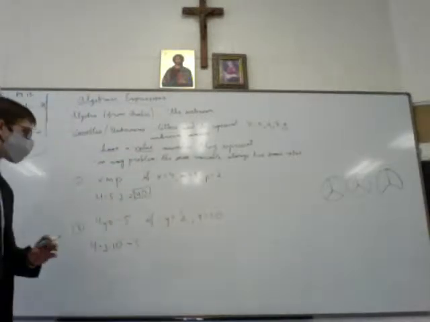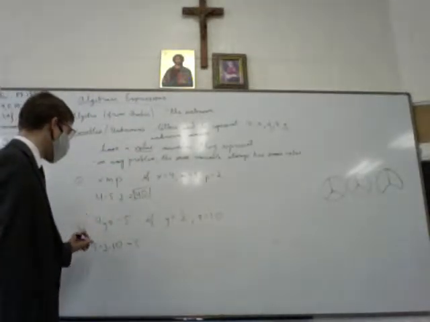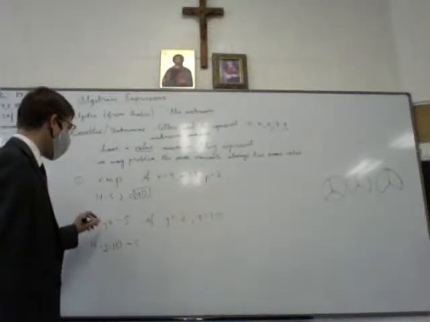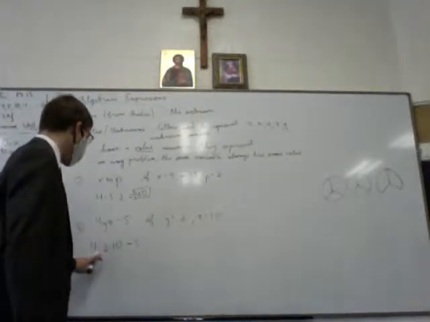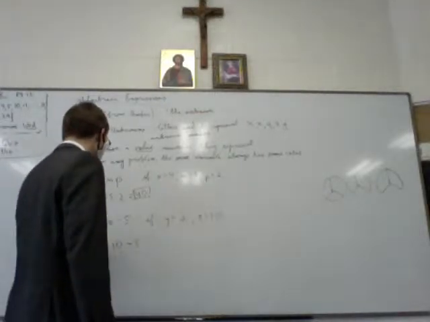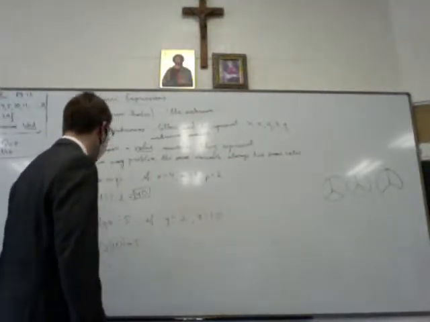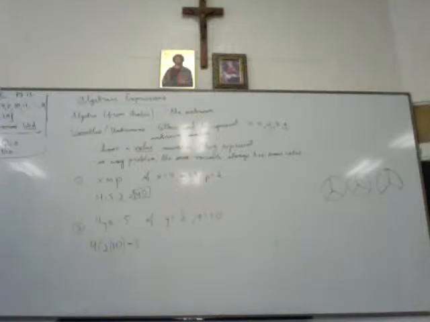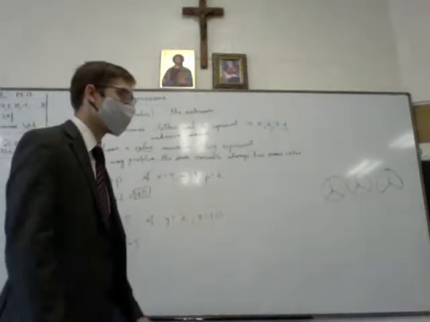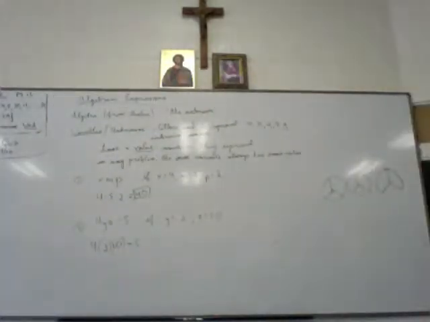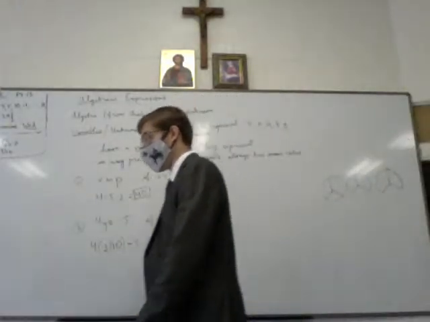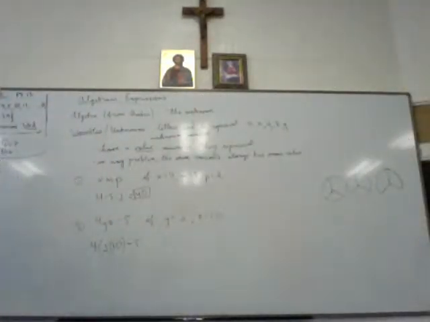All that I did was replace y with 2 and z with 10. That should be your first step. You can also write it with parentheses around the values, which is not a bad habit to get into, and we'll see in just a little bit why that's a good practice.